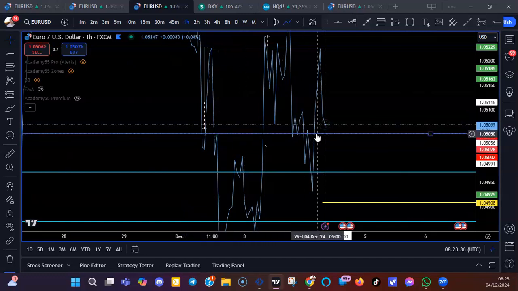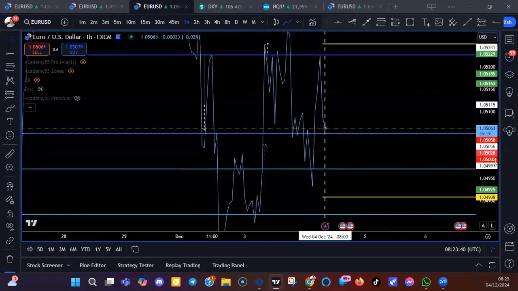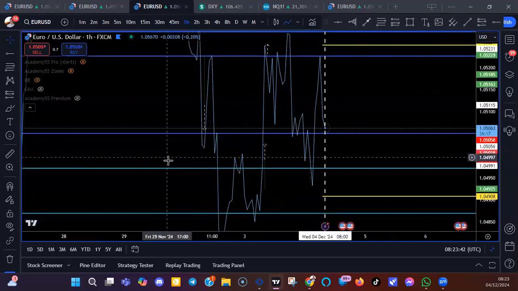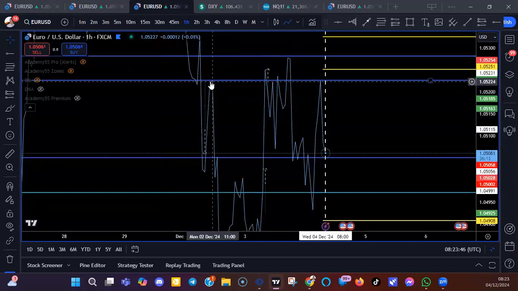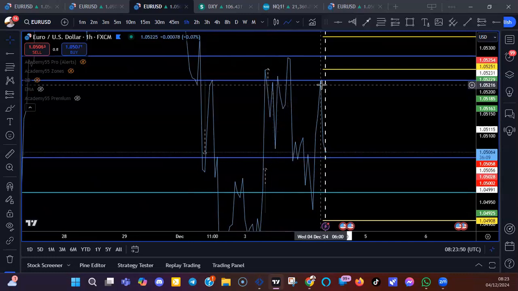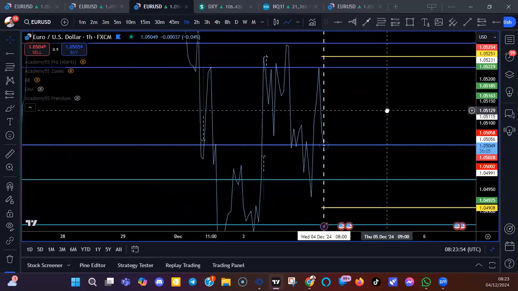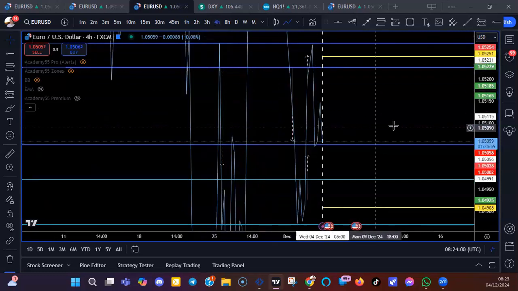That's why that line is there. Same as this line here. 1, kind of 2, 3 points. That's why those lines are there. That's why they're drawn up. And even on the 4 hourly.